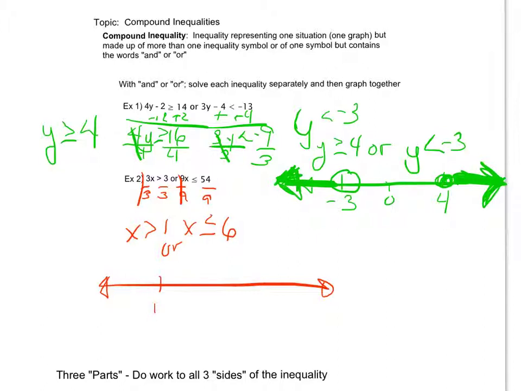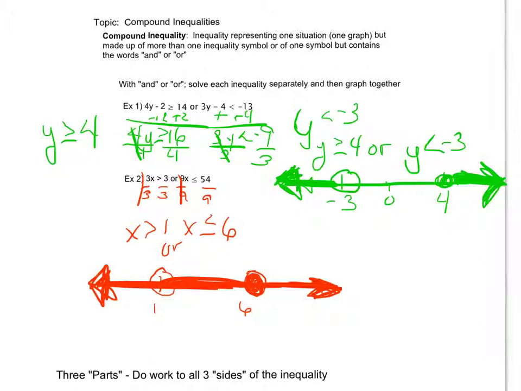So here's 1, up here is 6. So x is greater than 1, so I put an open circle at 1 and shade everything greater than 1. Or x is less than or equal to 6, so I put a closed circle at 6 and shade everything less than that. And notice that when I shade that, it ends up crossing over 1 because it can be either or.